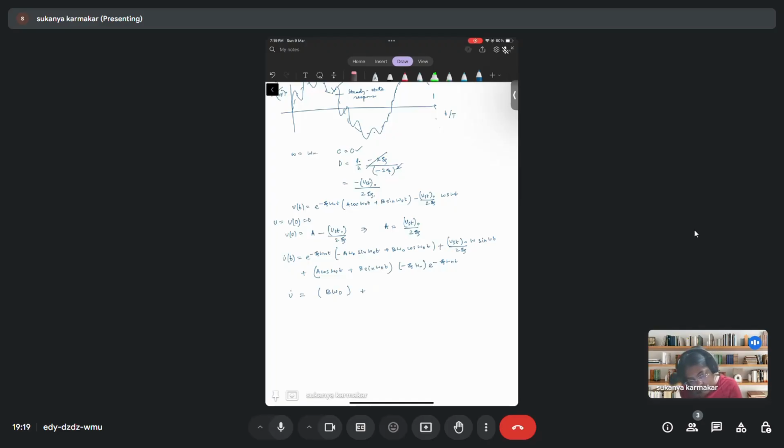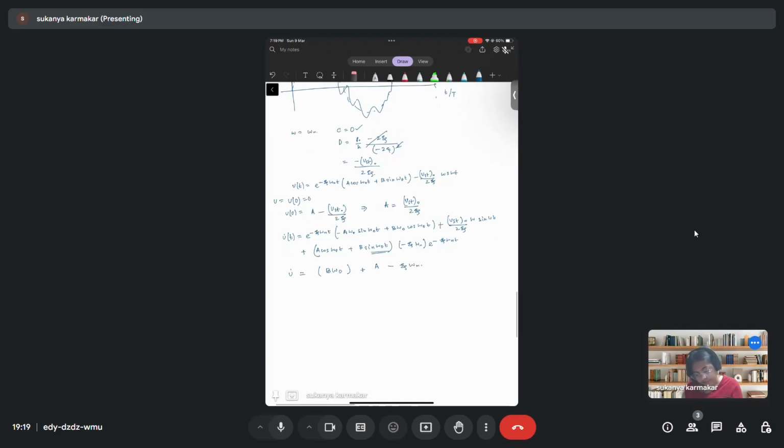Then here you have a cos, this term goes to 0, minus zeta omega n. Suppose this is equal to 0. A is ust naught by 2 zeta minus zeta into omega n.